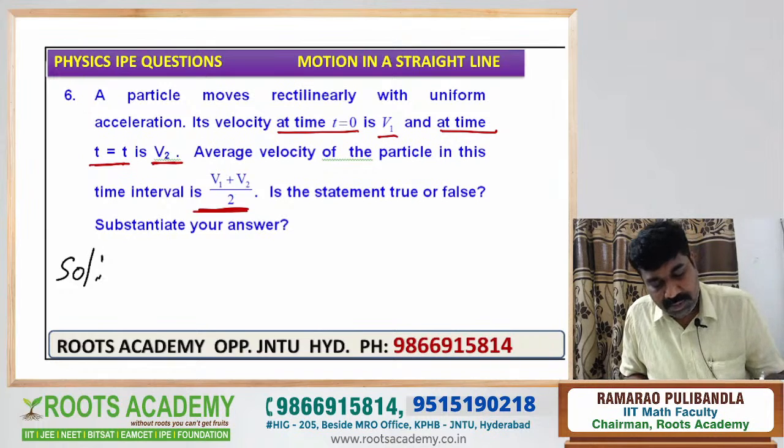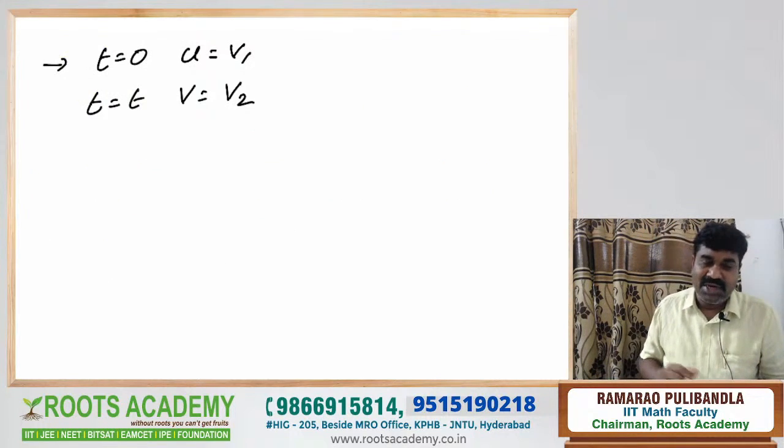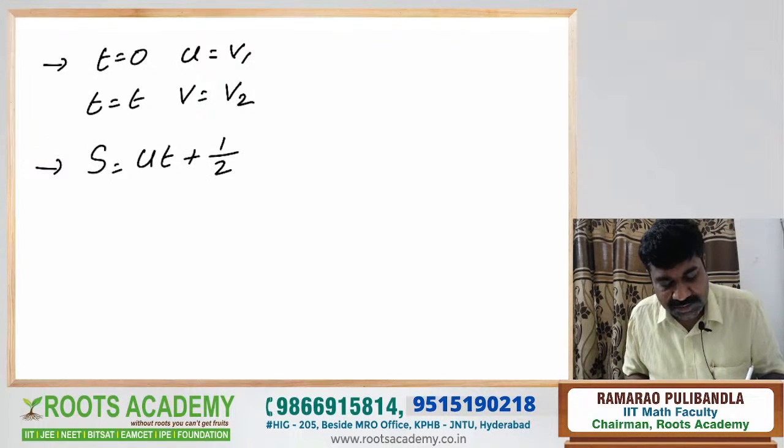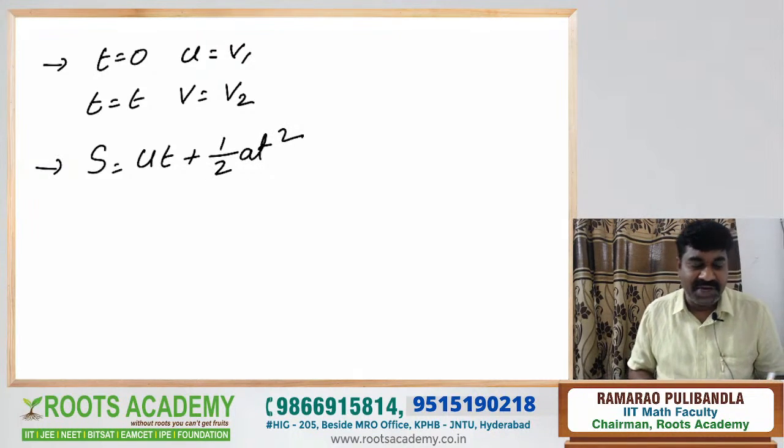Here, at t is equal to 0, the initial velocity is v1. At time t is equal to t, the final velocity is v2. So the displacement S is equal to ut plus half at square.